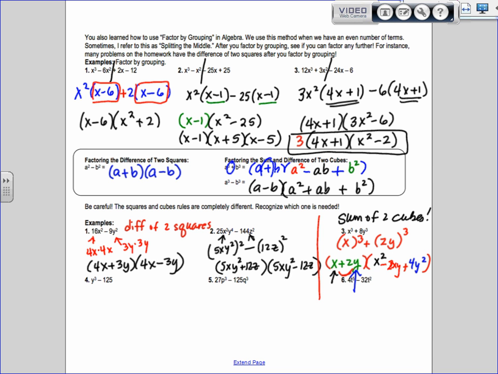Okay, so let's try another one. If I have y cubed minus 125, do you see that y is being cubed and 5 is being cubed? Right, 5 times 5 times 5 gives you 125. So I do my two sets of parentheses. One's going to have 2 terms, one's going to have 3 terms. So little parenthesis, long parenthesis.